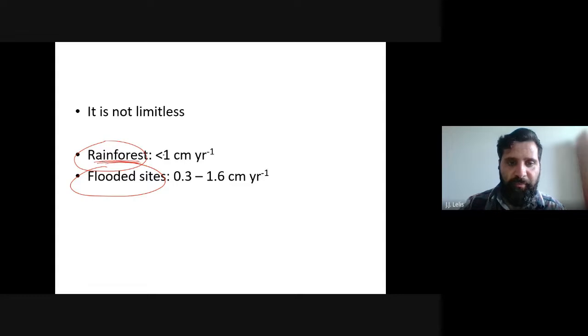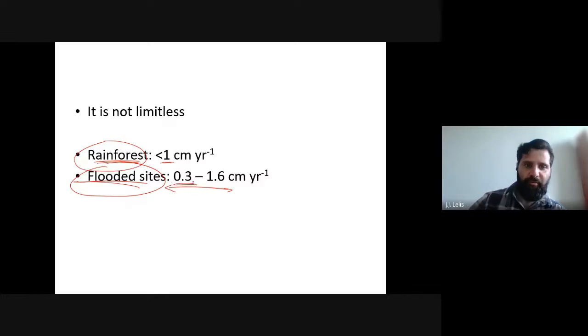Okay, and of course we can see some accumulation rates here, like the rainforests. They produce less than 1 centimeter per year of organic layers, and flooded areas produce a highly variable rate, varying between 0.3 and 1.6 centimeters per year.